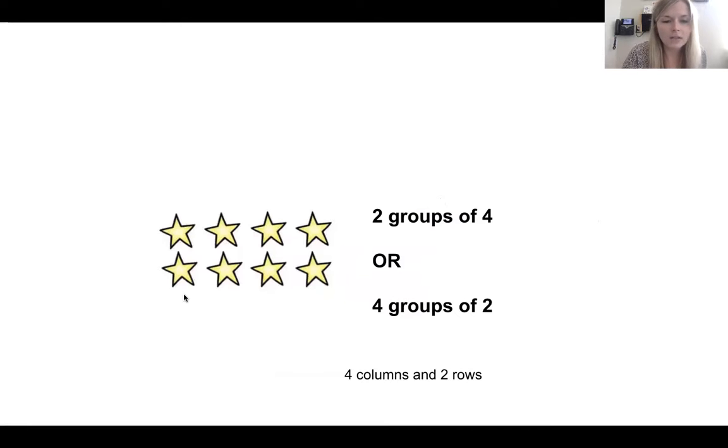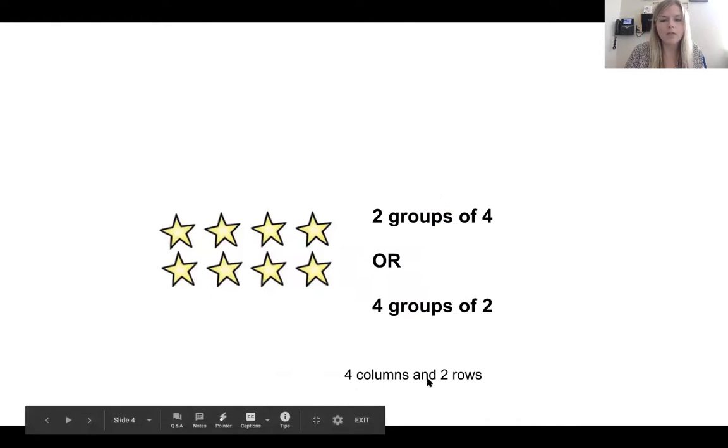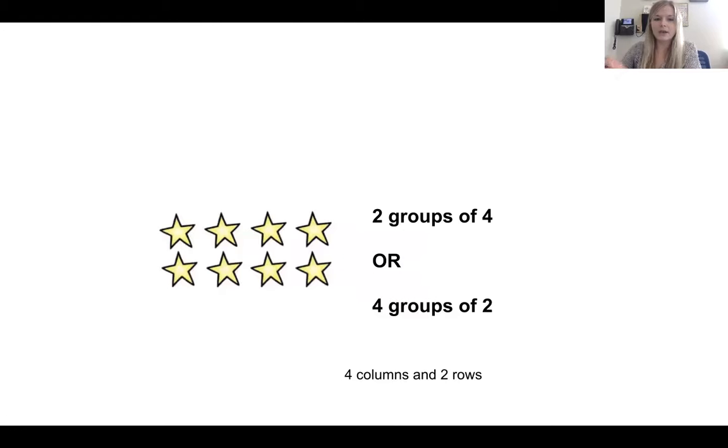If I wanted to look at the columns, I would notice that each column or group has 2 stars in it. 2 groups of 4 or 4 groups of 2. 4 columns and 2 rows. Either way, I can use my repeated addition to figure out that there's 2 plus 2 plus 2 plus 2 equaling a total of 8 stars in my array total.